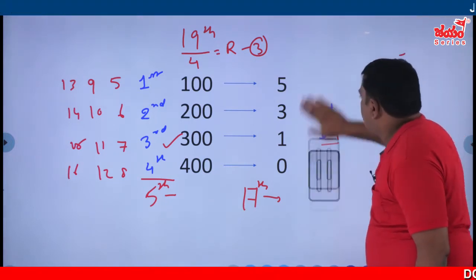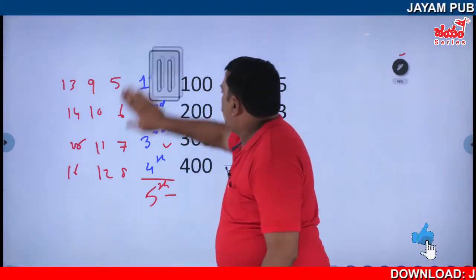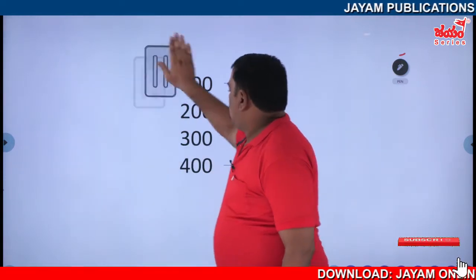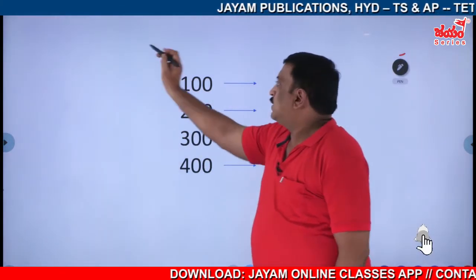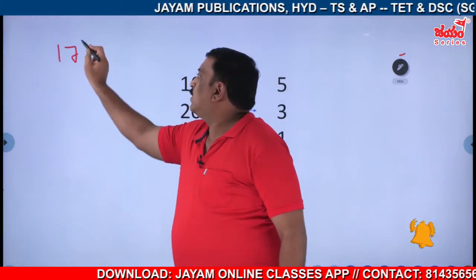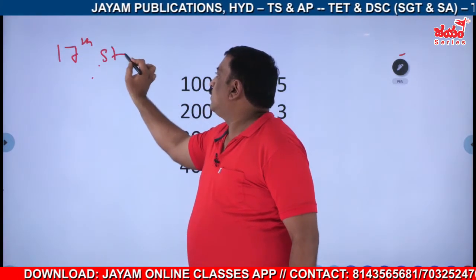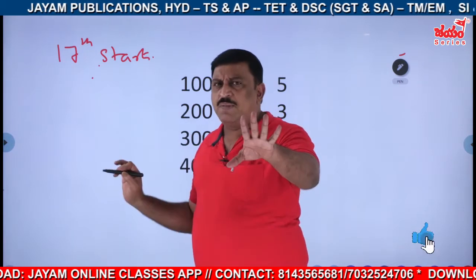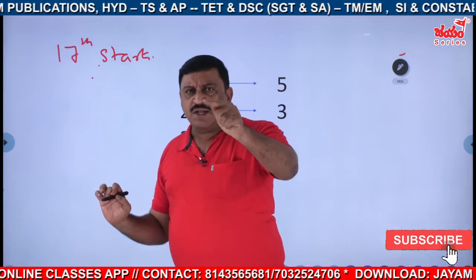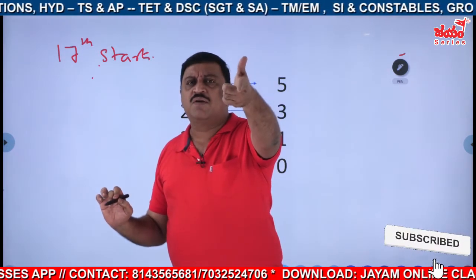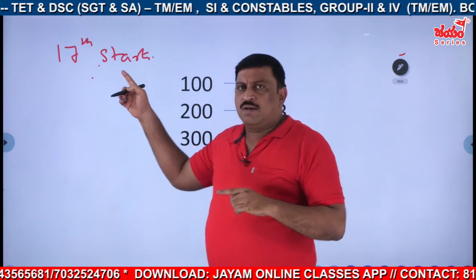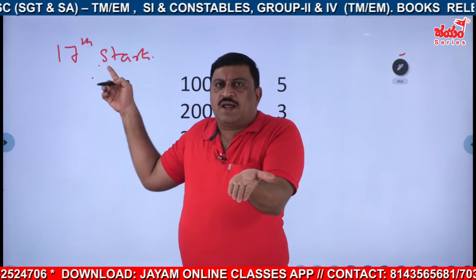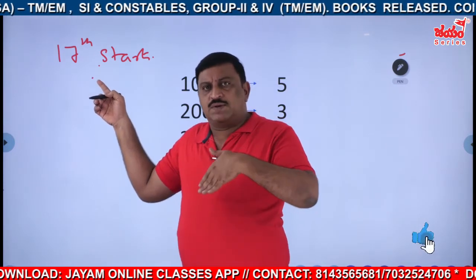I rub everything out and go for it. The 17th century starts with what? The starting day. Simply, the 17th starting means the 16th ending we have to find out first of all. If you know that one, then we know the 17th start.